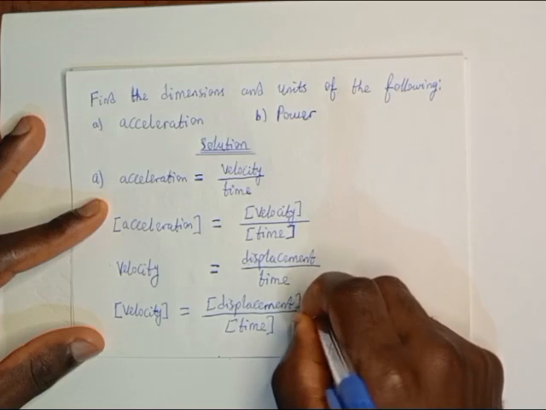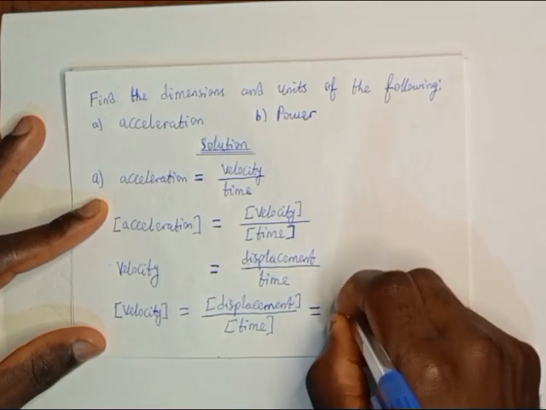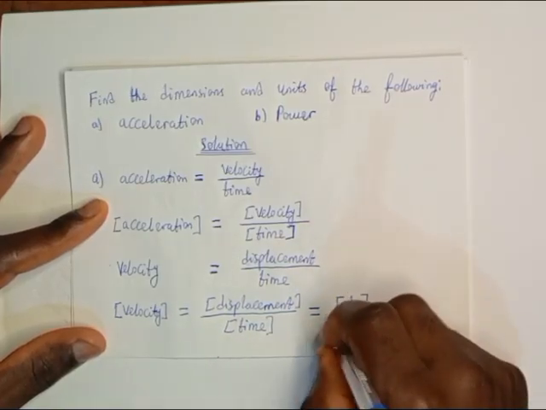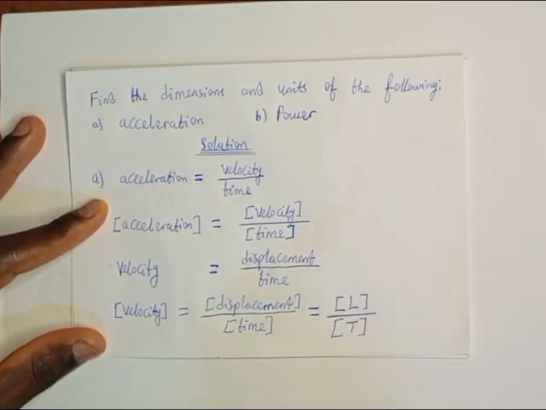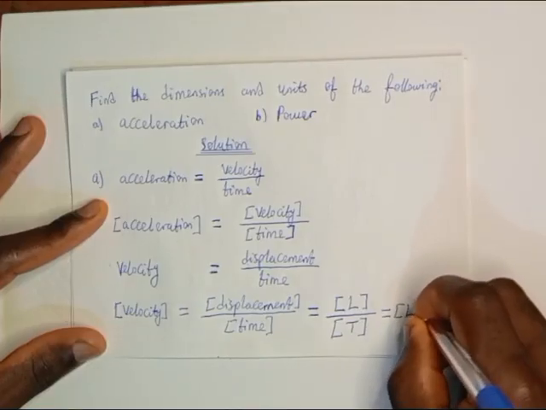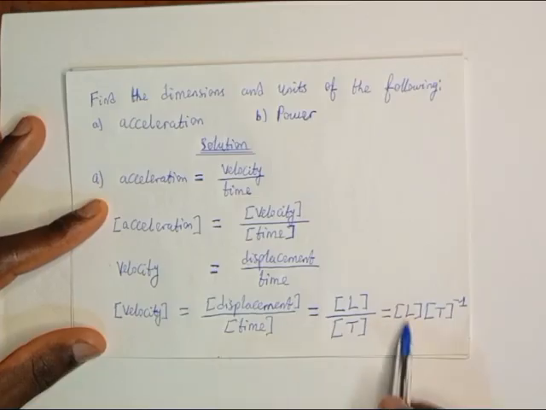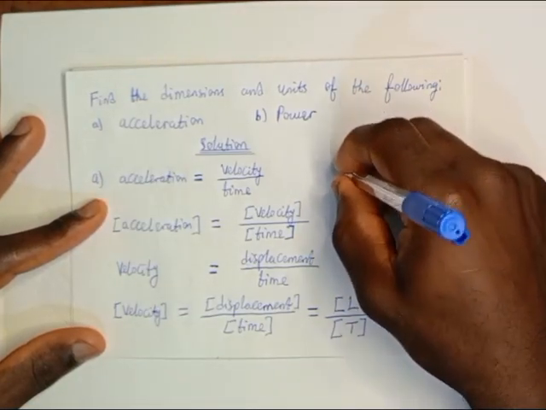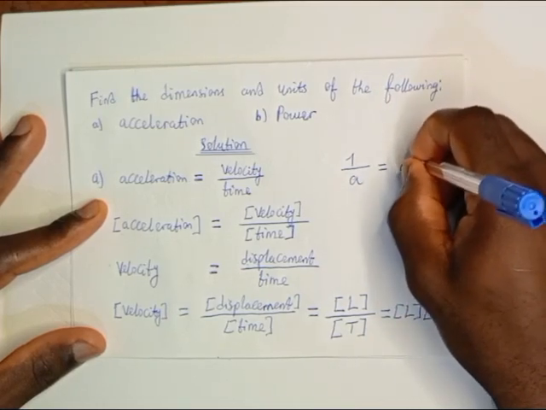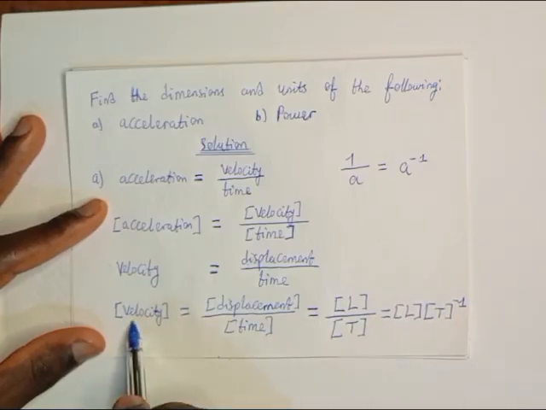The dimension of displacement is simply L, all over the dimension of time, which is T in brackets like this. This will be equal to L times T raised to the power -1. We make use of this property: 1 over a is equal to a raised to the power -1. This is the dimension of velocity.